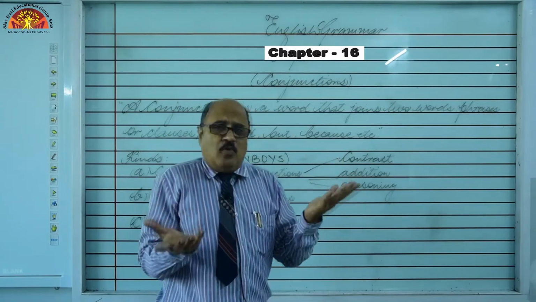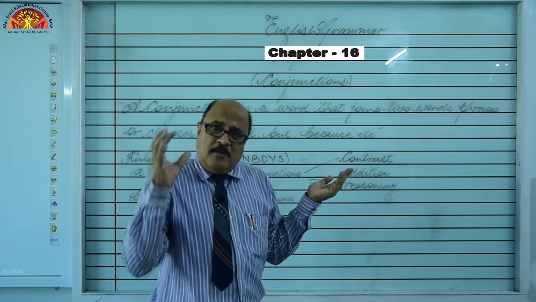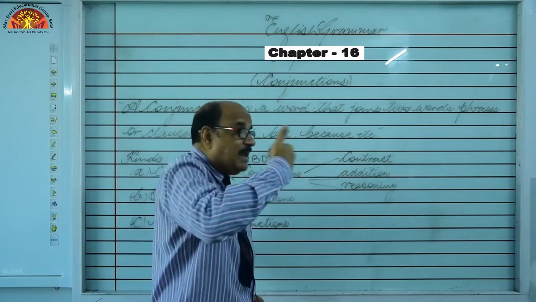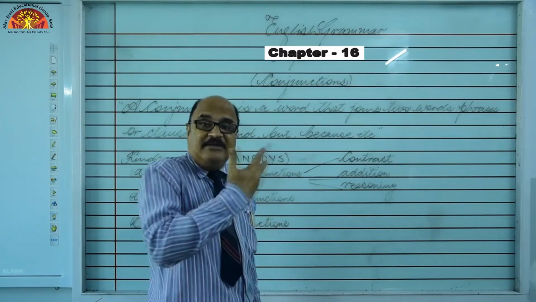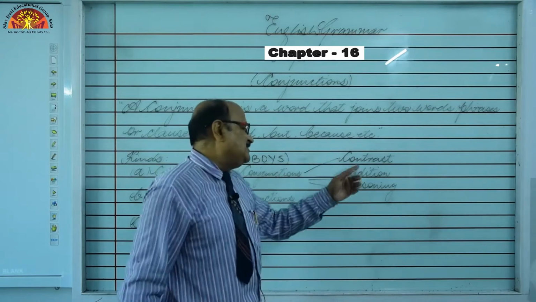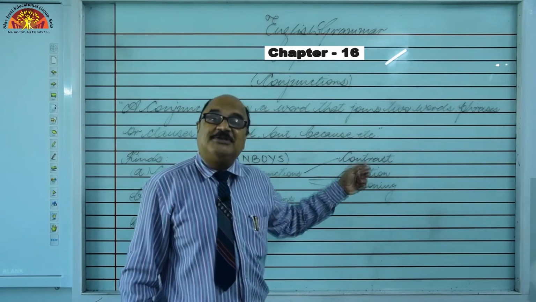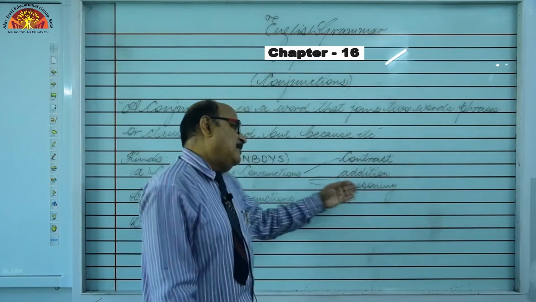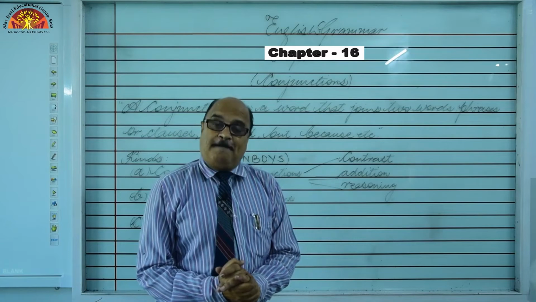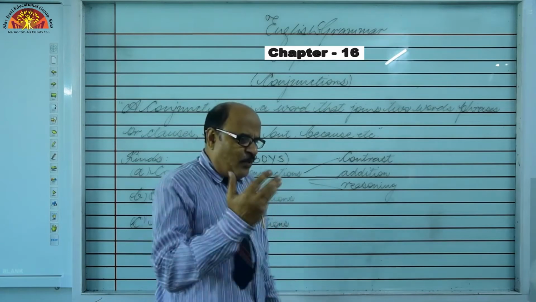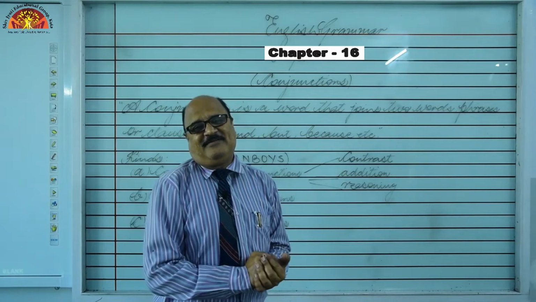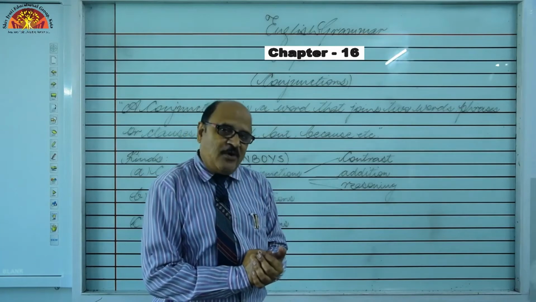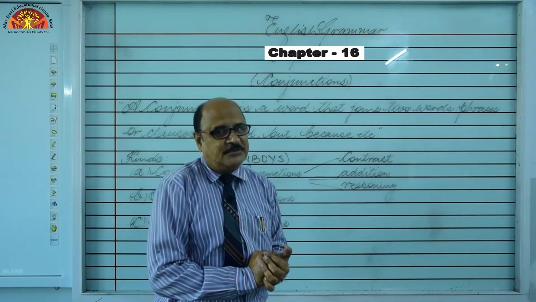When they both are equal or same, but we have to add an additional meaning to them, that is coordinating conjunctions in addition. And last is reasoning, whenever we are going to explain the reason of something.